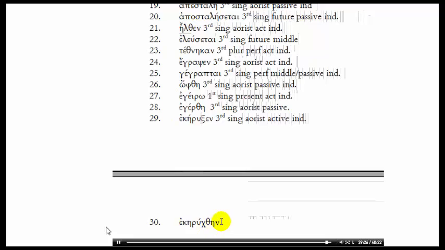I gave that one away. Ekeruchthen. Where do you see that? That's just your sixth principal part of keruso. Your sixth principal part is going to be therefore your first singular aorist, passive, indicative.